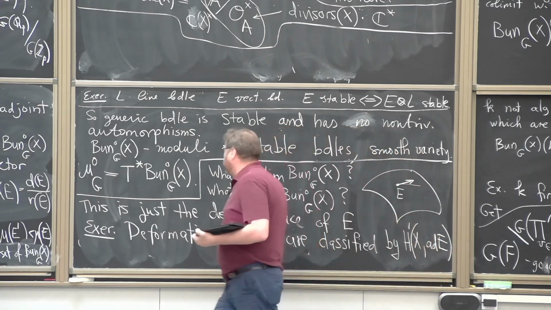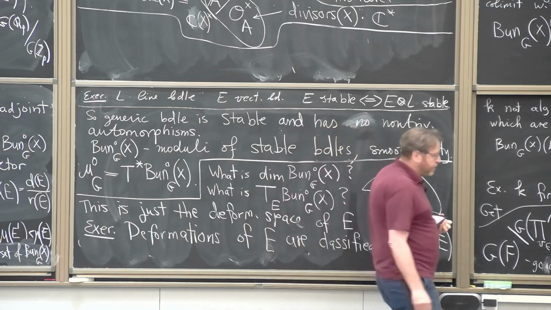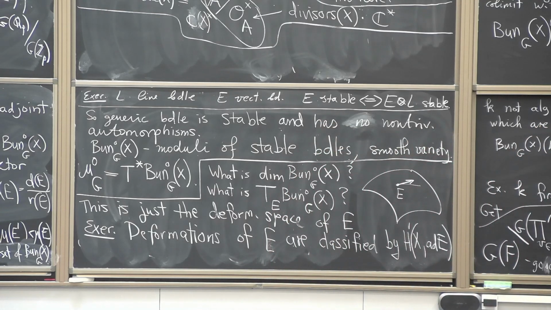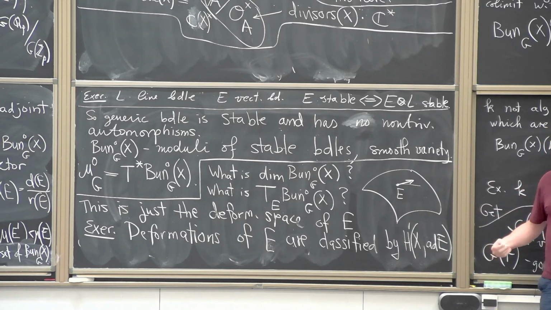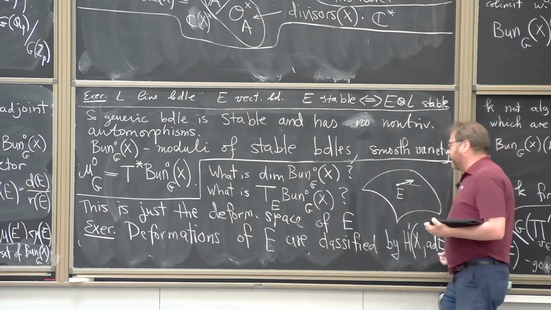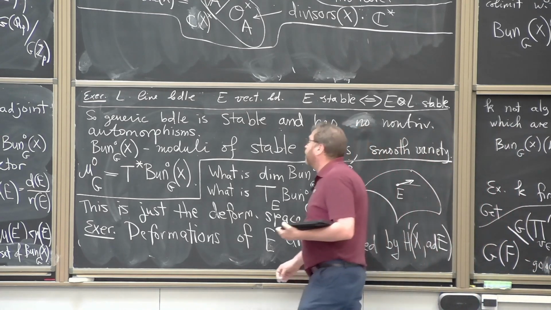So what is the adjoint bundle? I told you that for every representation of your group G, if you have a G bundle, you can define the vector bundle associated to this representation and to your bundle. And in particular, you can take the adjoint representation, and that will be the adjoint bundle.